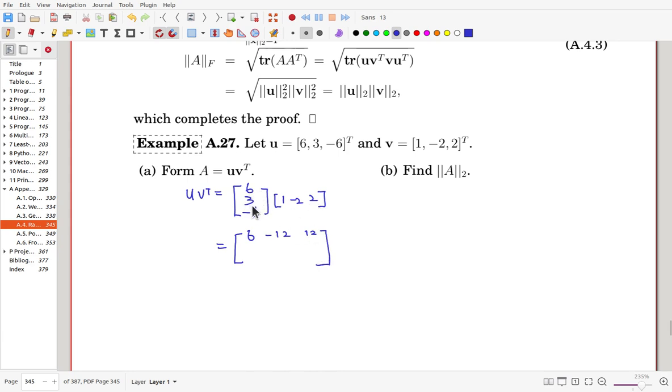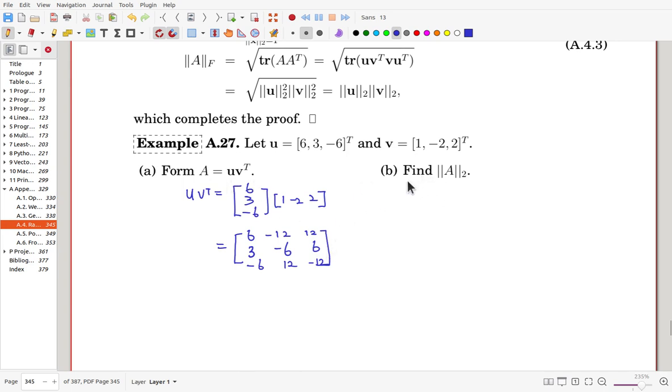From the second row, it is 3, minus 6, and 6. And for the last one, first column is minus 6, and then 12 and minus 12. So that is the explicit construction of U V transpose.